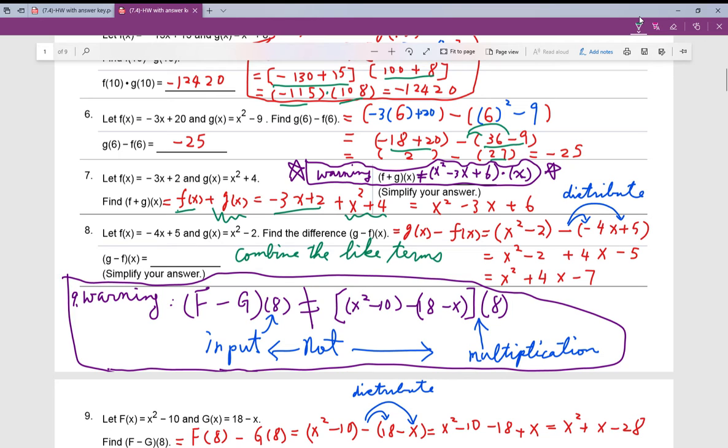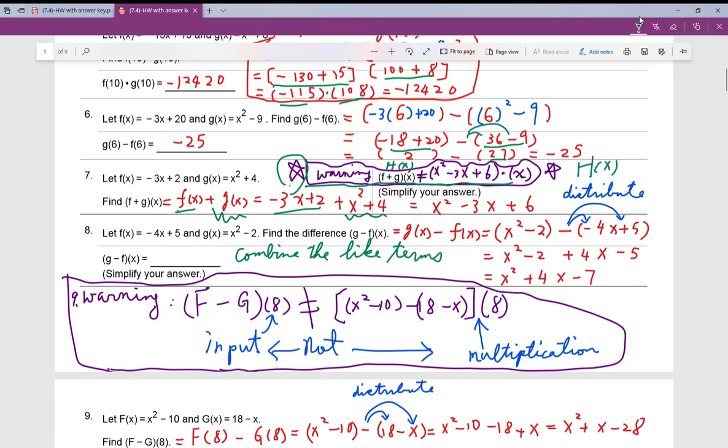One thing I want to emphasize here is that when you see this notation, the purple color, this x is the input, and f plus g becomes a new function. Say this is h of x, so we say h of x or f plus g of x.